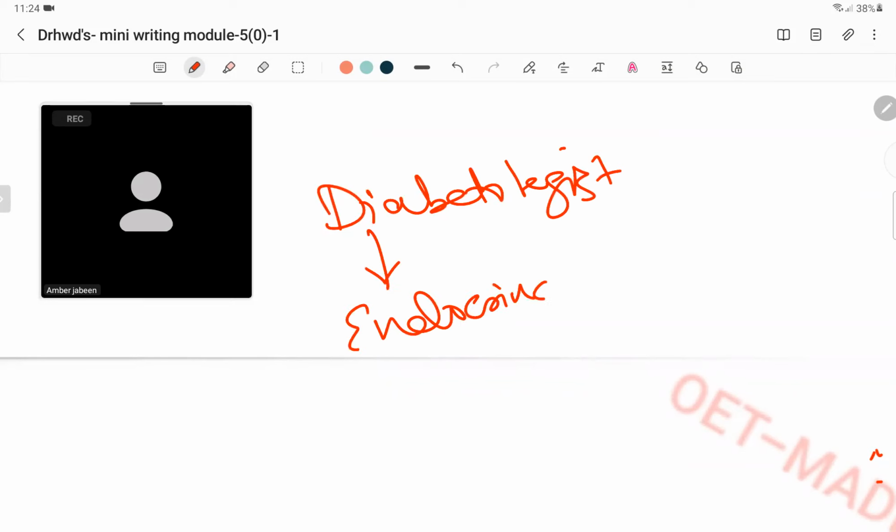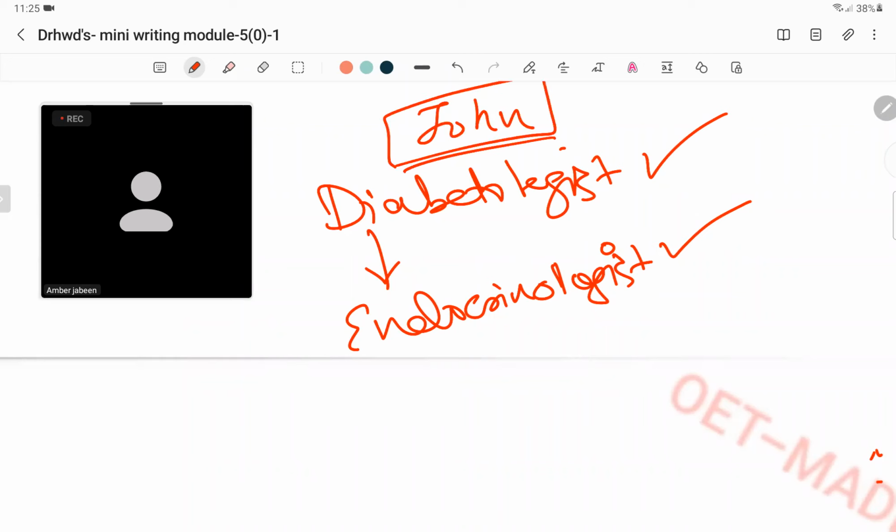Are they different people with different professions? Yeah. An endocrinologist is a different person, and a diabetologist is a different person. Now both of them are following John, they take care of John. Now the endocrinologist is writing to his regular diabetologist that John has got a foot gangrene.